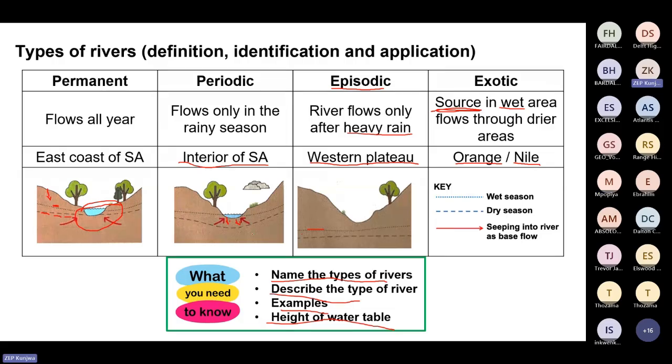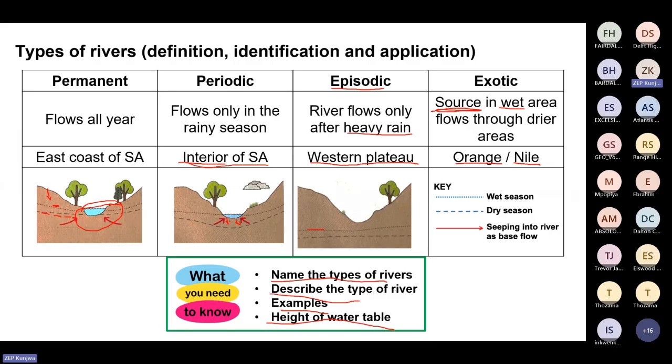Okay. It just depends on where you are. Remember, this one is found in the interior. I know learners from the Western Cape don't register in their mind that most parts of the country receive rainfall in summer. The interior and the eastern side of South Africa receive rainfall in summer.